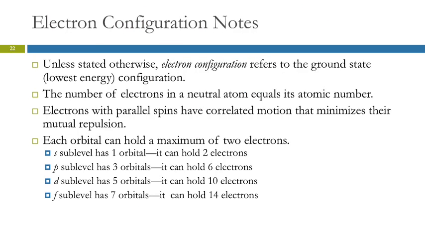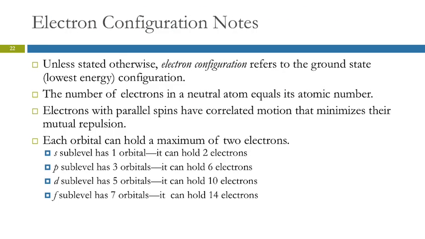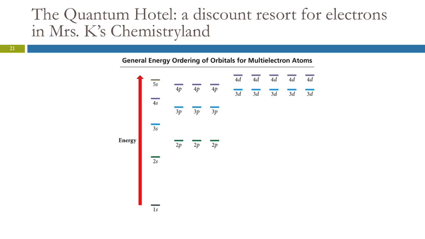Yes? So say you're doing carbon, would you still fill the one with the 3 rows? Would you still fill it one by one? Well, let's do carbon. How many electrons in carbon? 6. So I'm going to pick a pen, any pen. So 1, 2, 3, 4, 5, 6.